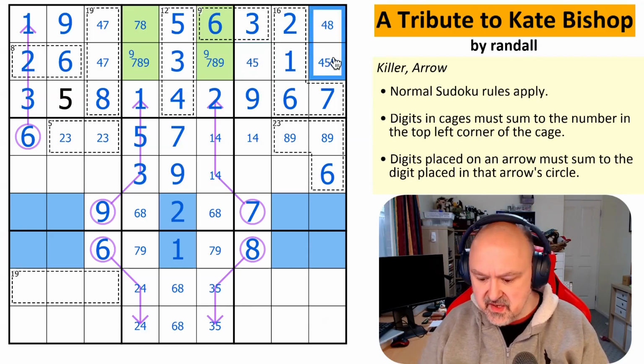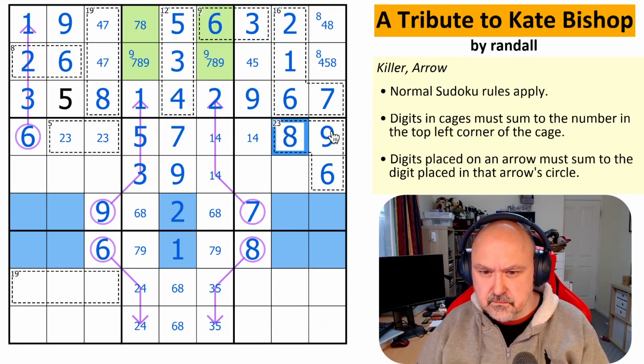So 8 must be in here, which means this is 9 and this is 8. This comes together pretty well. This 6 looks down here, making that 8 and that 6. The 8 looks up, meaning that is not 8, that is 7 or 9. This is cool.